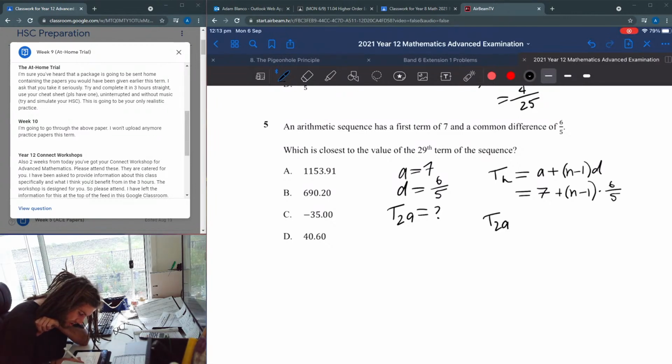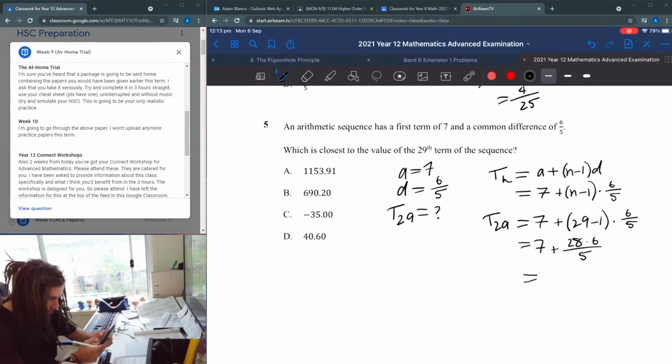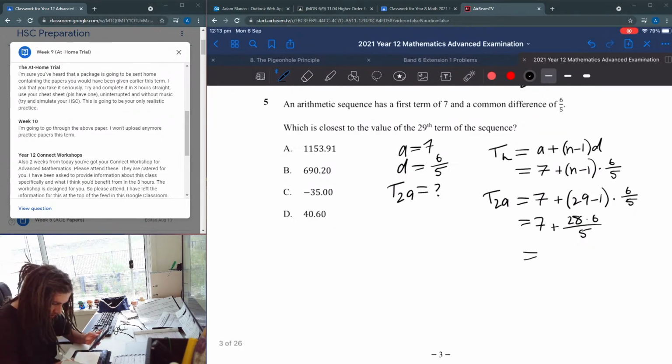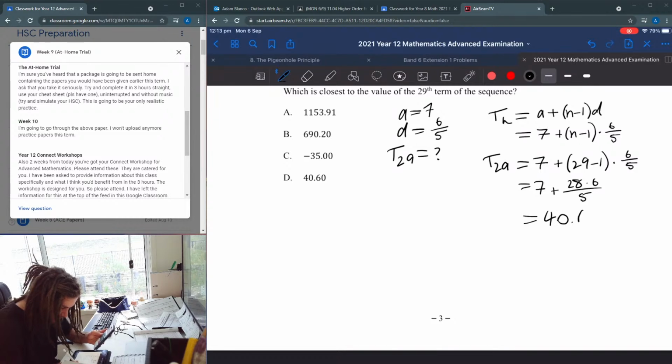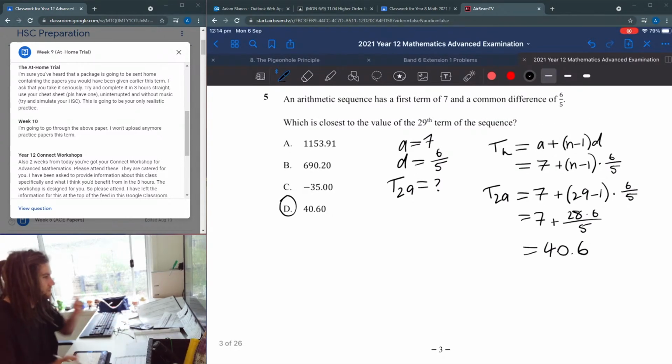T of 29 is going to be 7 plus 29 minus 1 times 6 on 5, equals 7 plus 28 times 6 on 5. Calculator time, 7 plus 28 times 6 on 5 is around about 40.6. Hello, 40.6. That was exact. Was it meant to be rounded? I don't know.